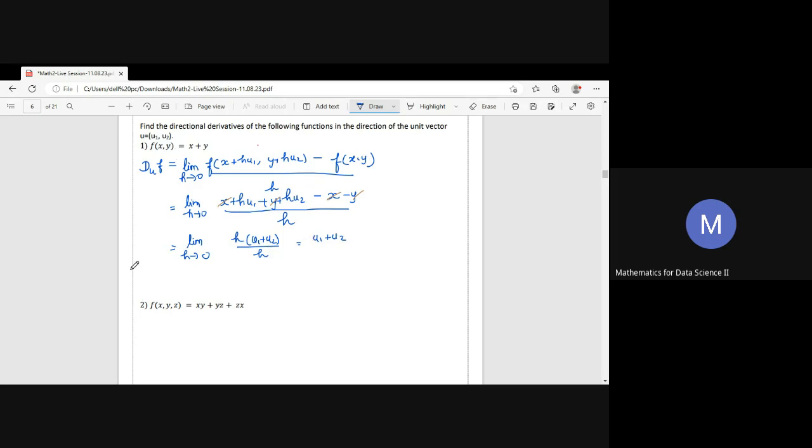Okay. So let us find the directional derivative of this function. Here you see you have three coordinates, so the arbitrary vector you need to consider here is u1, u2, u3. Okay.